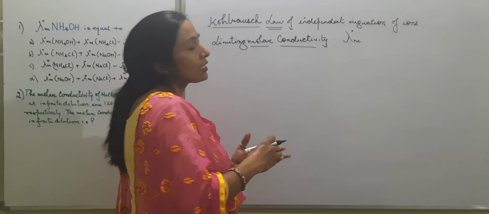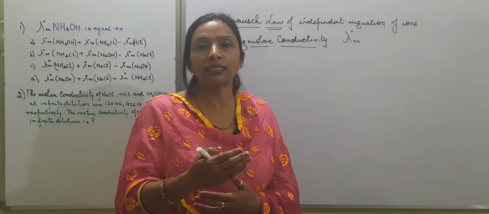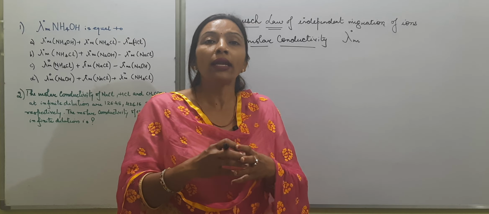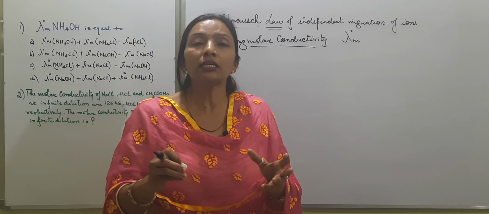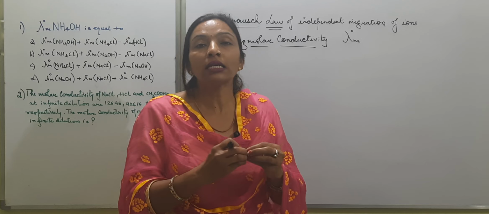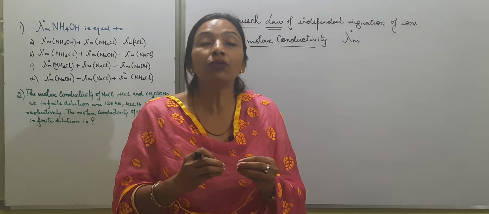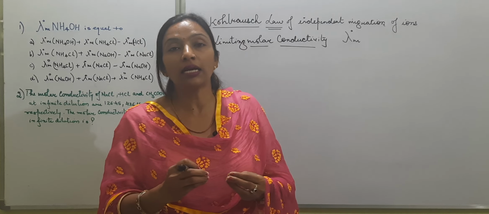So what Kohlrausch is saying, that if the strong electrolyte is there and when it will dissociate into ions, the total molar conductivity is the sum of the individual conductivity of the ions.